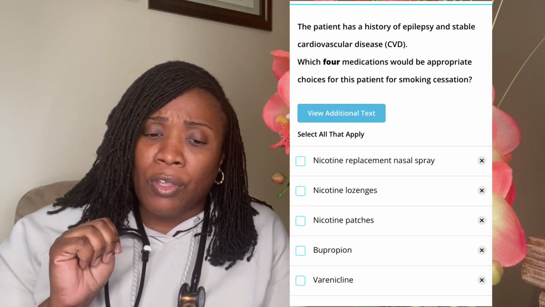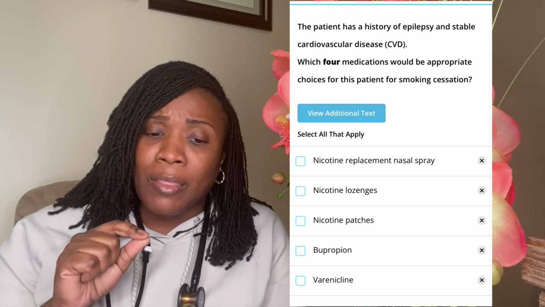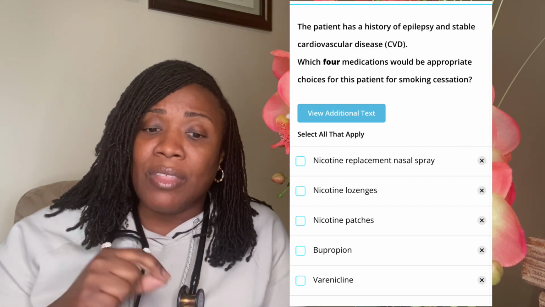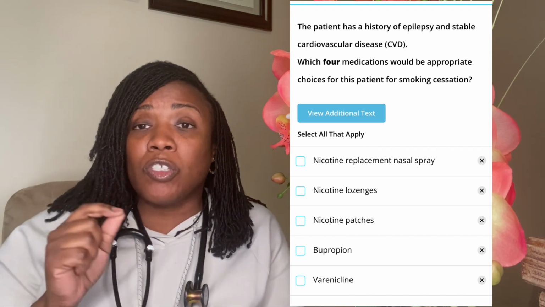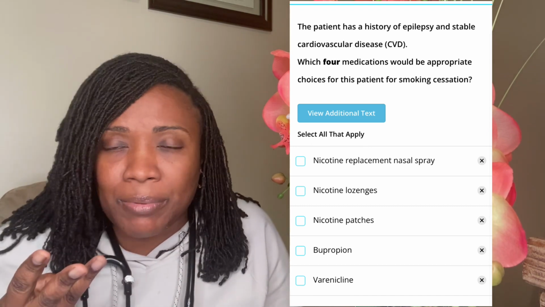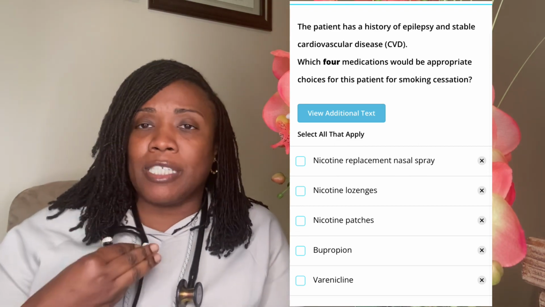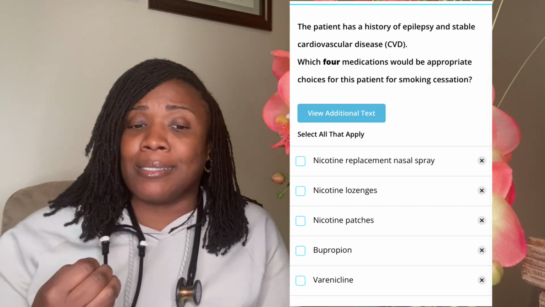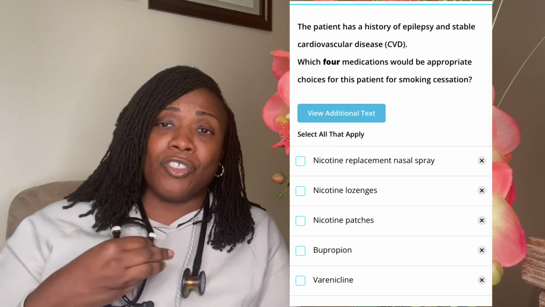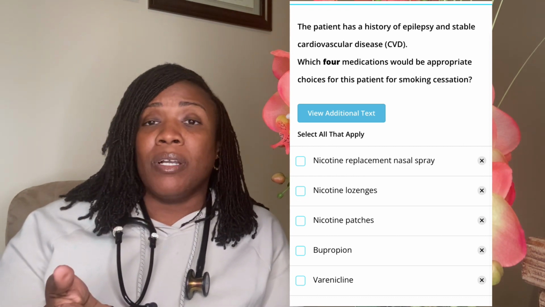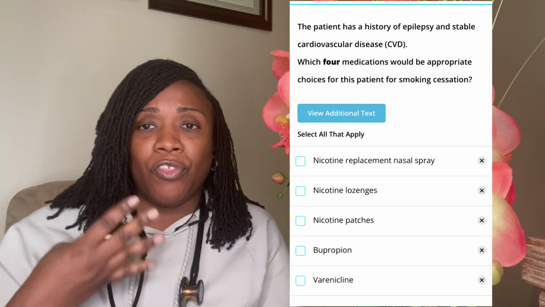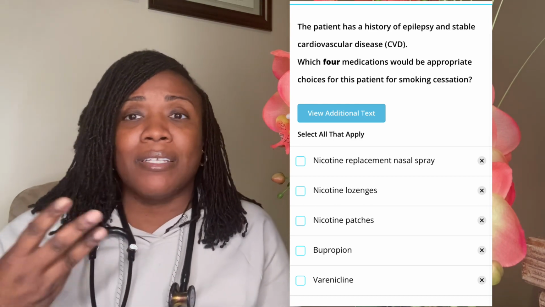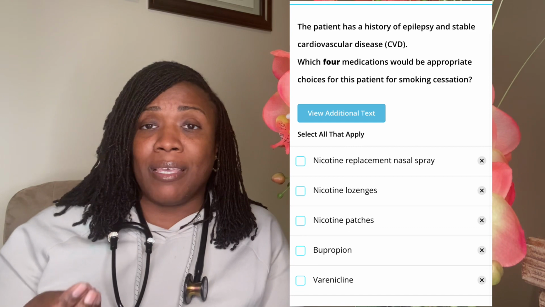So the varenicline, the nicotine patches, the nicotine lozenges, and the nicotine replacement nasal spray. Three of those options say nicotine: nicotine replacement nasal spray, nicotine lozenges, nicotine patches. So they literally gave you the majority of the options. They wanted 4, and 3 of them say nicotine. So obviously nicotine is going to be the answer.